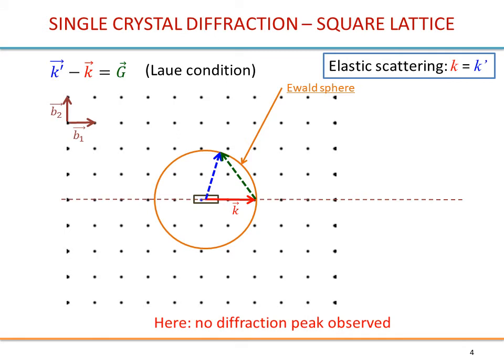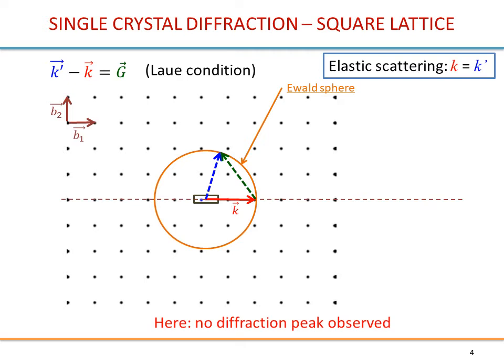So what could we do if we still want to observe some diffraction peaks? One of the most used techniques is to use a powder. Why use a powder? Because a powder represents a set of randomly oriented crystal planes, since you have all the orientations in a powder.